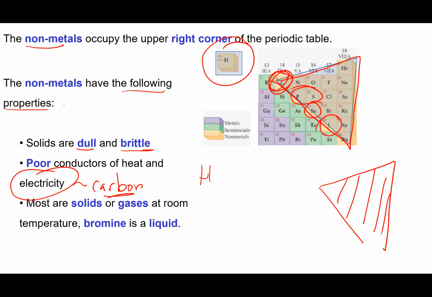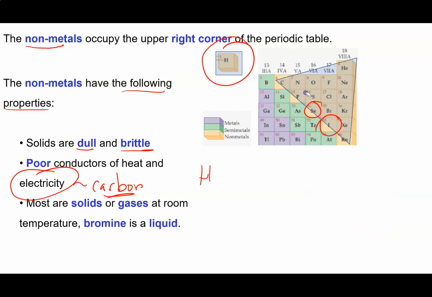Now, most are solids or gases at room temperature. So let's just have a look at what we've got here, and I'll point out which ones are solids and which ones are gases. So carbon's a solid at room temperature. Phosphorus, sulfur, selenium, and iodine are all solids. Okay, so let's just circle the solids.